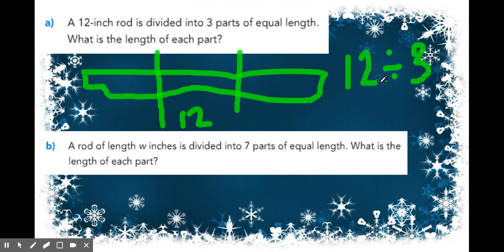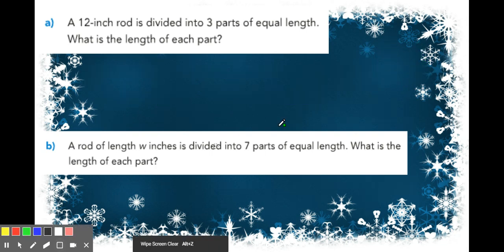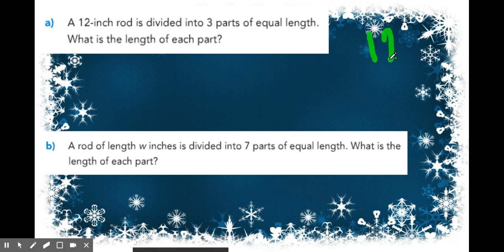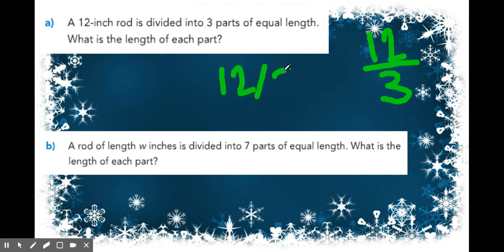But it's important that we remember we do not write it like this in 6th grade anymore. Instead, we would write 12 divided by 3 as a fraction. And the reason I did not solve this is because it's not asking me to solve. What I'm doing in this chapter is just finding the expressions.